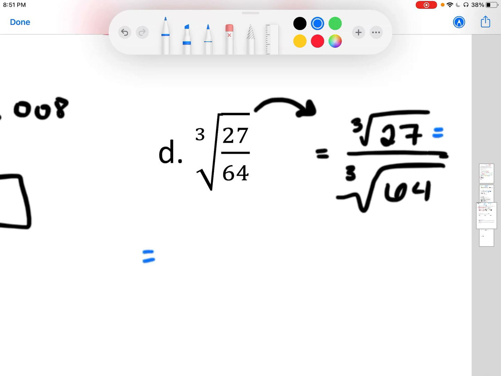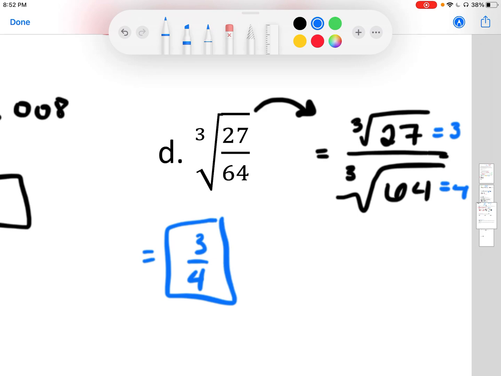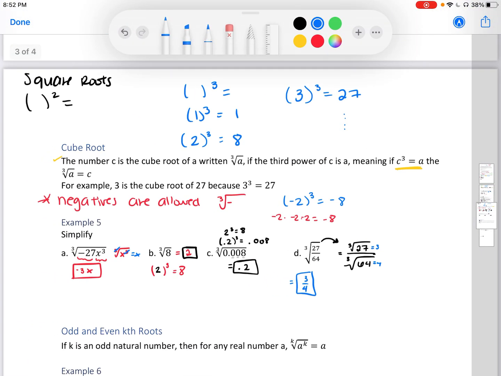The cube root of 27, that's 3. The cube root of 64, that's 4. So our answer would be 3 over 4. Not bad, right? I think it's really helpful if you take the time, for example, to make yourself a list with a lot of square roots or cube roots. And then when you're working with these problems, with time, you'll become more familiar with them.